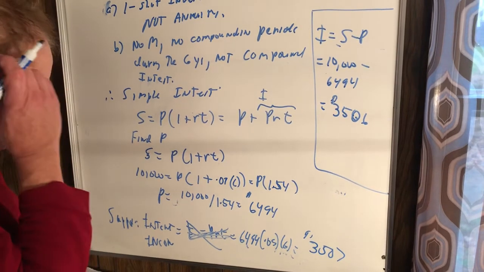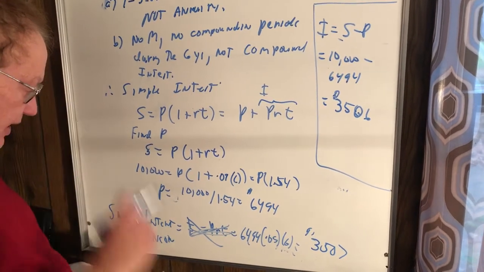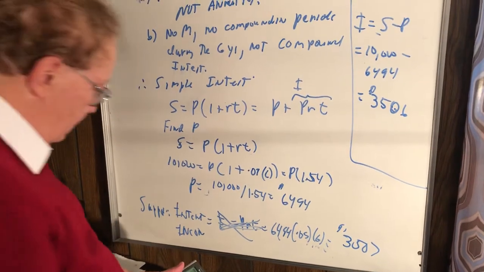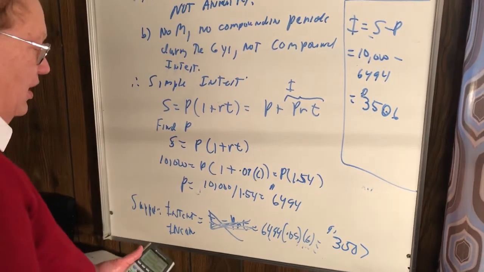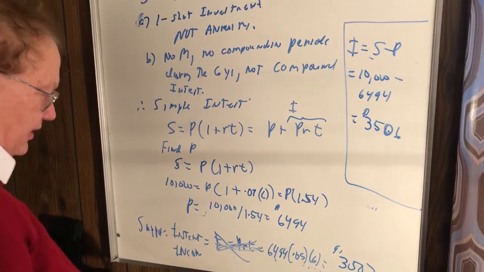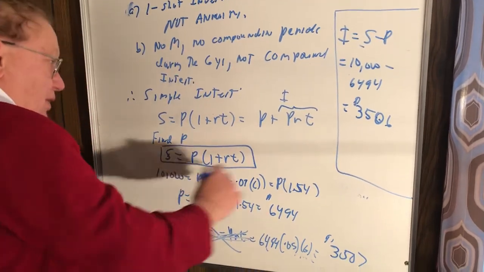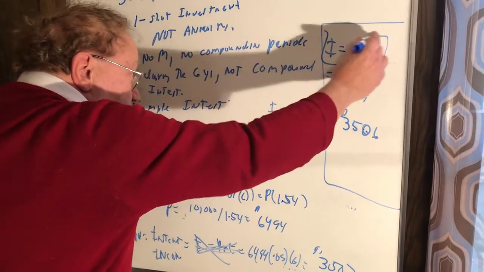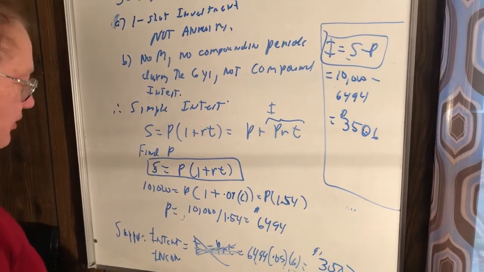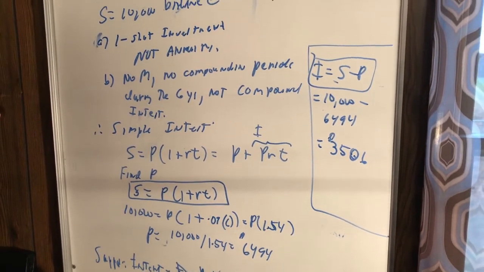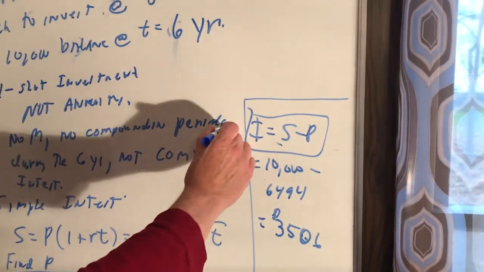That only holds for simple interest, and I see you using it for compound interest and for annuities. So just to be safe, no I equals PRT. These are your only simple interest and other interest formulas, 1 and 2.